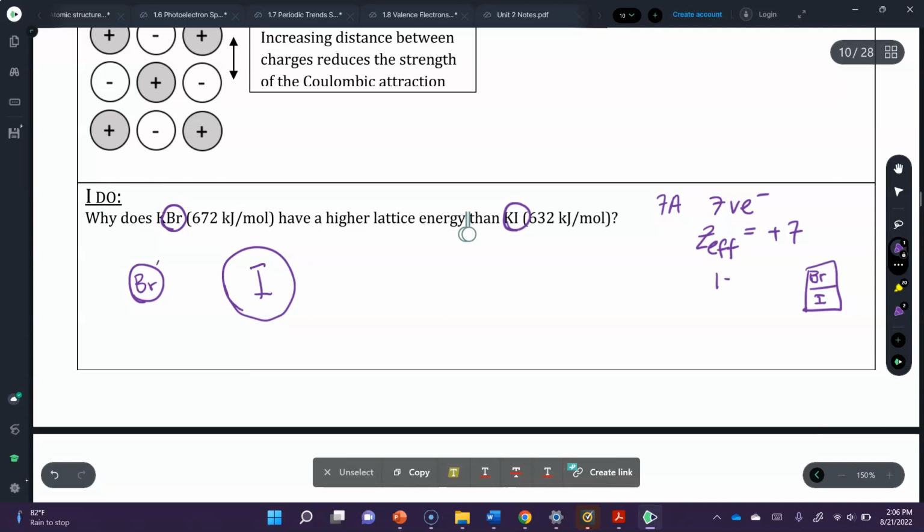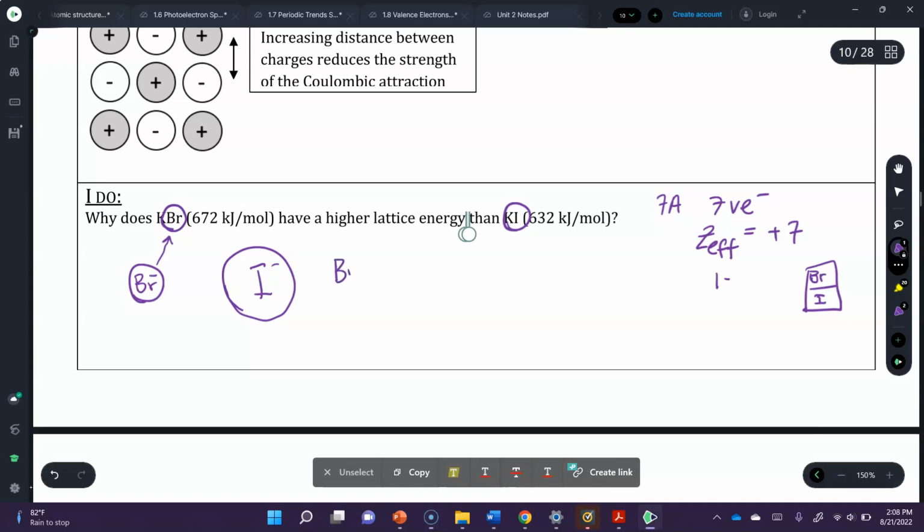And so if we have smaller ions, because bromine is much smaller, even when it's an ion, it's much smaller than the iodide ion. The distance between the potassium ion and the bromide ion is much smaller, and we know from Coulomb's law that that would increase the force of attraction.